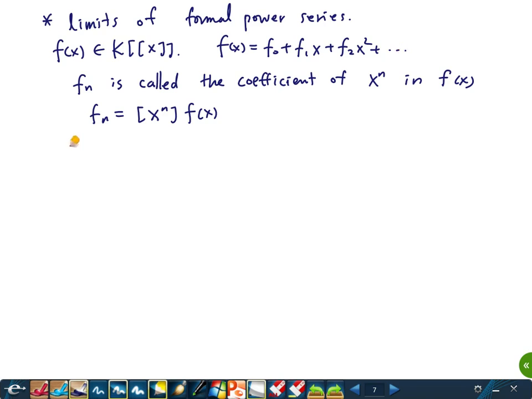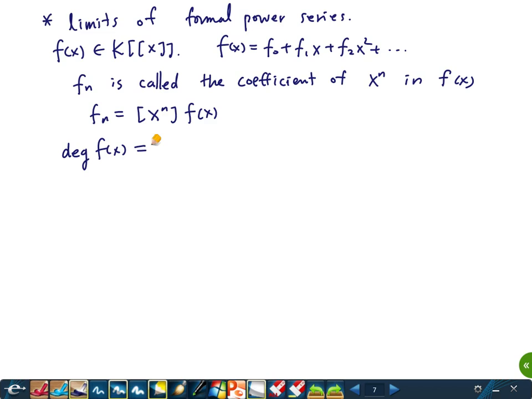And the degree of f of x. In a polynomial, usually the degree means the largest integer n such that the coefficient of x to the n is non-zero, right? That is usually the definition of the degree of a polynomial.